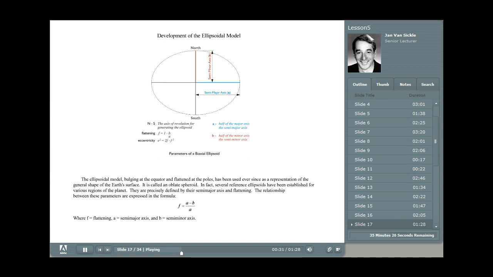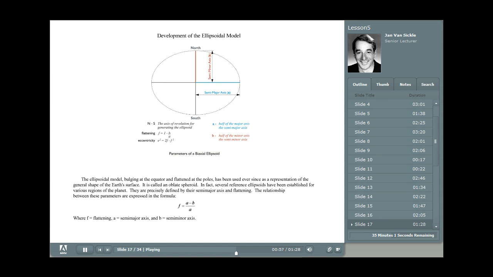And then using the north-south axis of revolution and rotating this ellipse around into a solid, it becomes a biaxial ellipsoid, bulging at the equator, flattened at the poles, and this oblate version has been used ever since as a way of defining an Earth model.